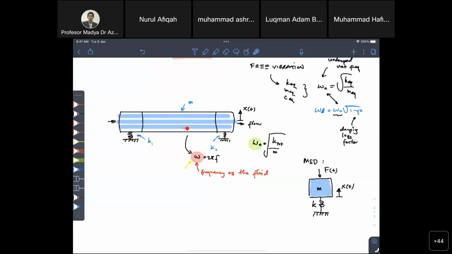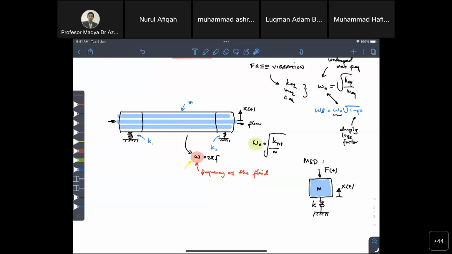So what happened with free vibration before? Free vibration before is we don't have any fluid inside the pipe. So the pipe and the spring. What happened is we push the pipe and we let it go, and the pipe will vibrate. So that's the free vibration. If we have damping, then the pipe eventually will stop.